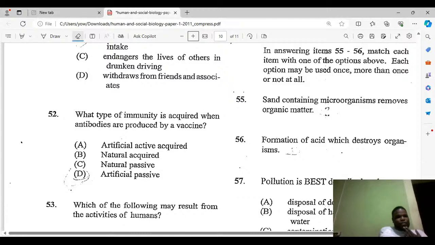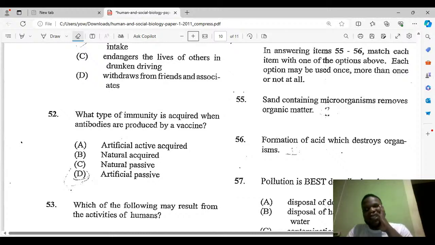Because artificial active is when your body is stimulated. When it's introduced to a pathogen, the body then responds to that pathogen, and you get that through vaccination.